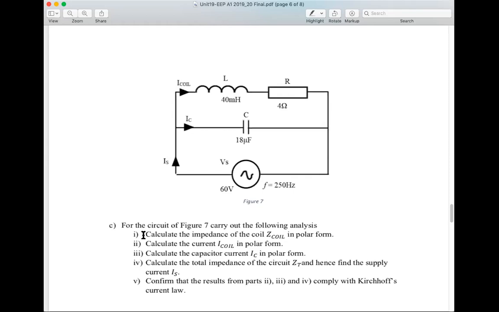Then you can calculate the total impedance of the circuit, ZT, and find the supply current. So you can do a parallel on Z coil and ZC to calculate the total impedance, ZT, and then use that with the voltage to calculate IS.